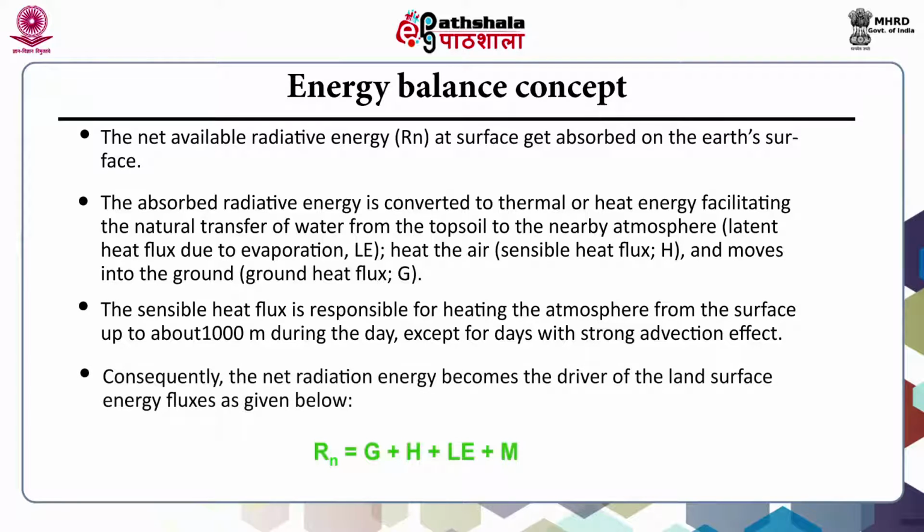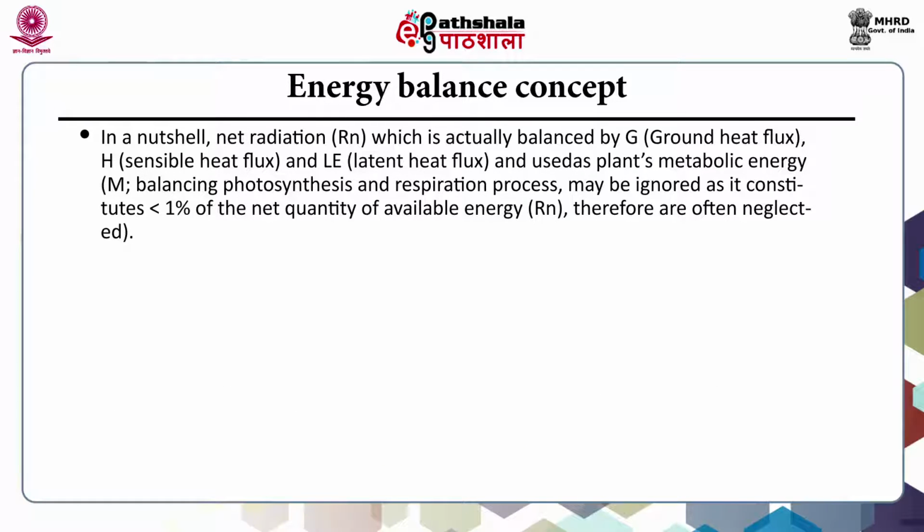Consequently, the net radiation energy becomes the driver of the land surface energy fluxes, and it is given as Rn equal to G plus H plus LE plus M. So, in a nutshell, the net radiation Rn is balanced by G, the ground heat flux, H, the sensible heat flux, and LE, the latent heat flux, and M is the plant's metabolic energy, balancing the photosynthesis and respiration process. It constitutes less than 1% of the net available energy, and therefore it is often neglected.